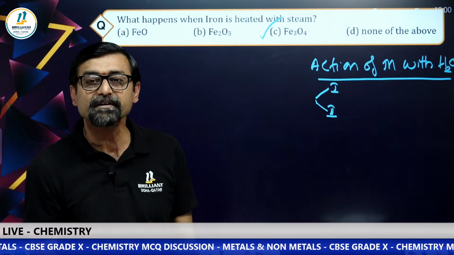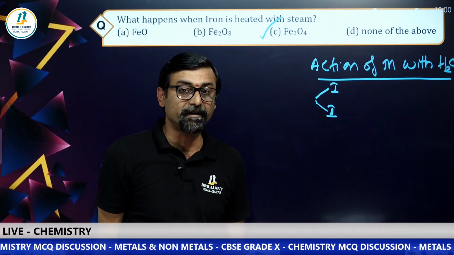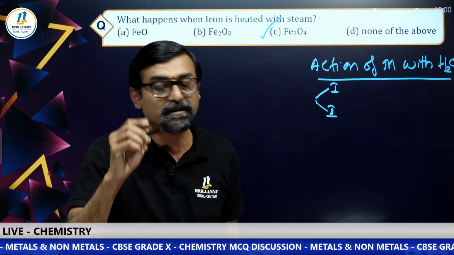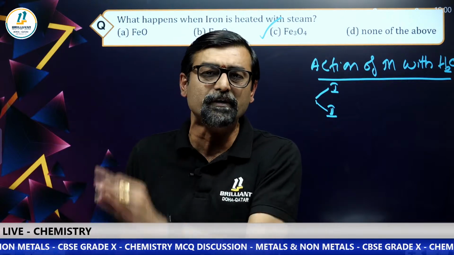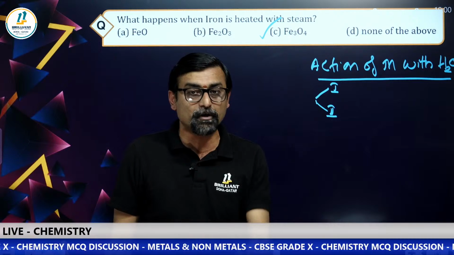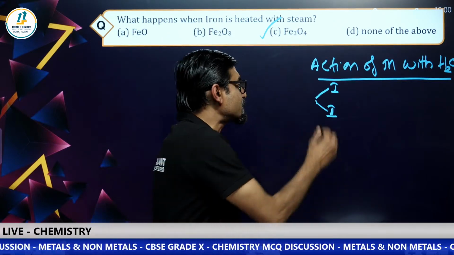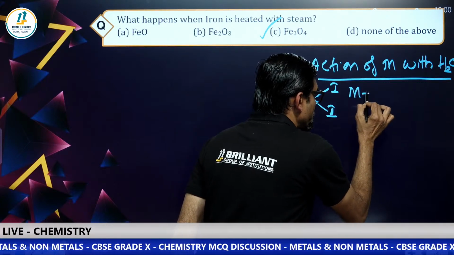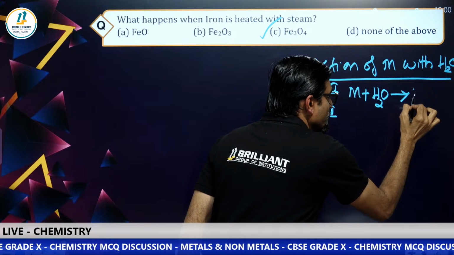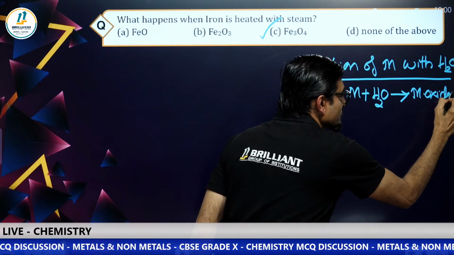So two steps, as I have discussed with you. What is the first step? Remember the concept, children. When we say metals, we cannot include all the metals, because there are few metals which are non-reactive due to their low reactivity. So the reacting metals, when they are treated with H2O, form their respective metallic oxides.